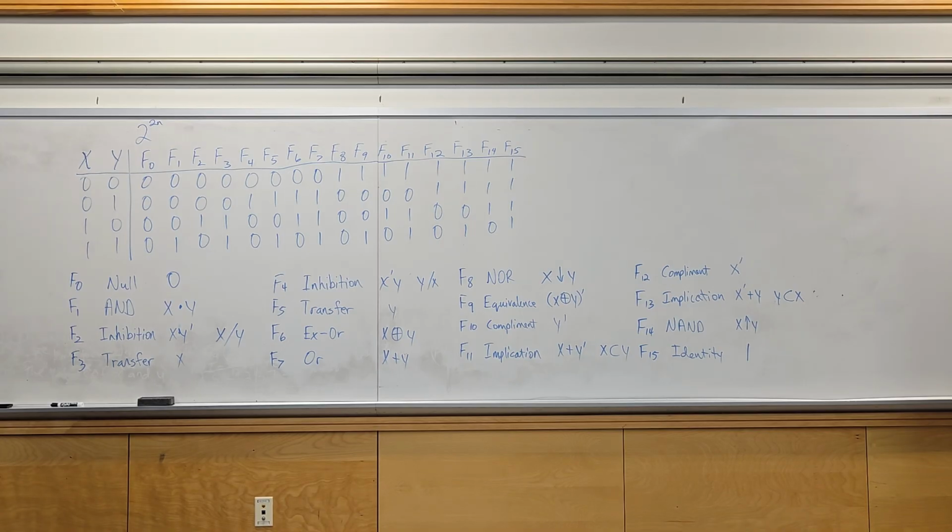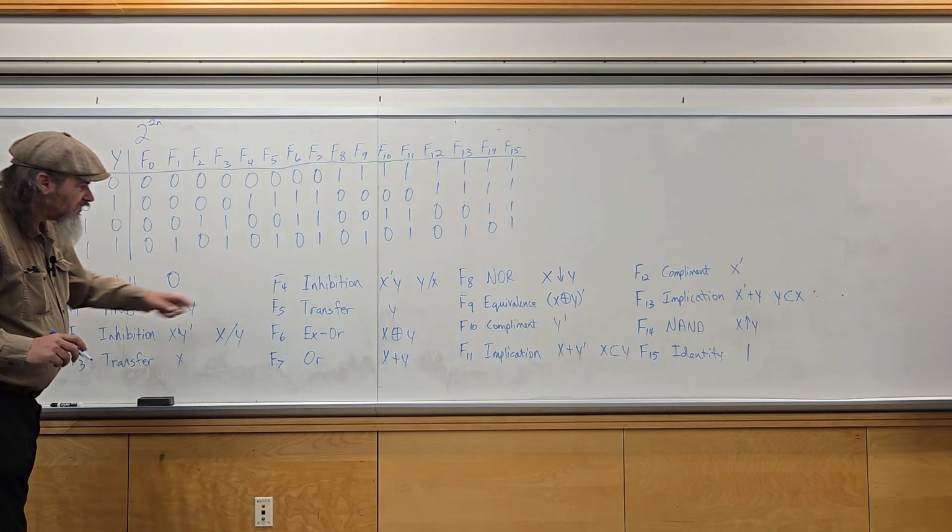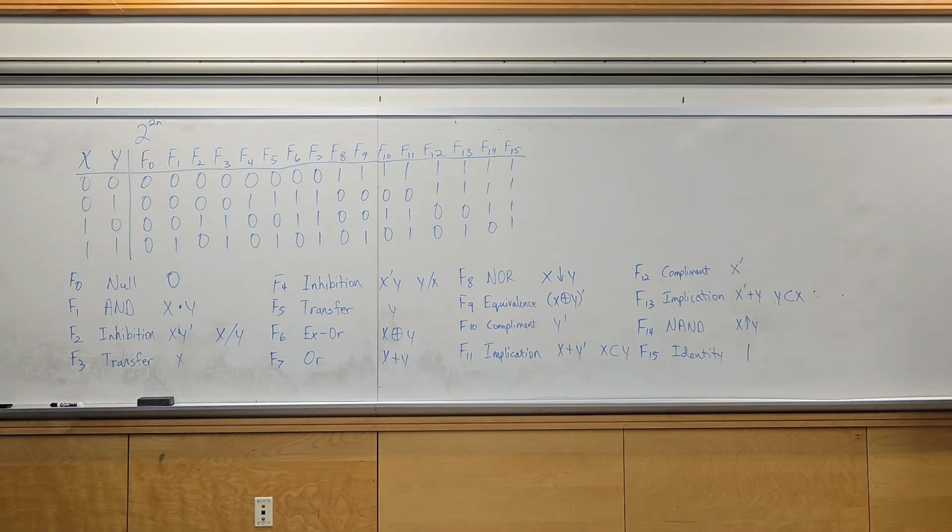Null, you would just connect it to ground. Identity, connect it to power. The transfer, F3 and F5, you just have a wire connecting X or Y to the output.